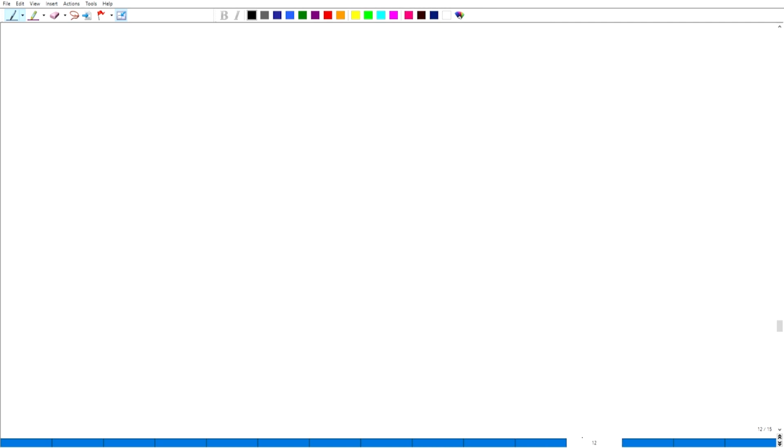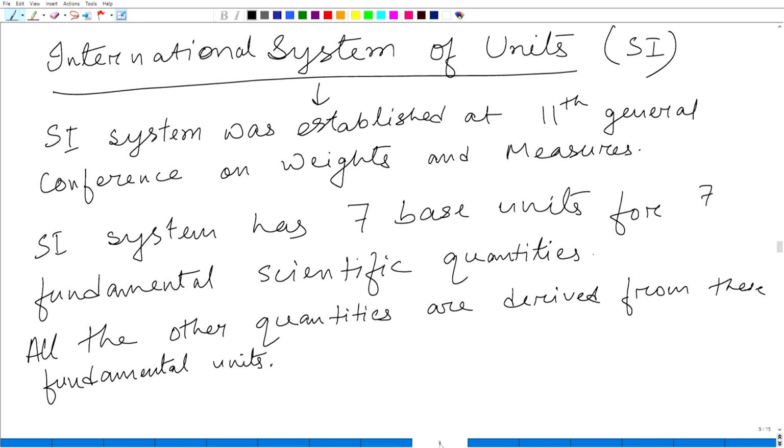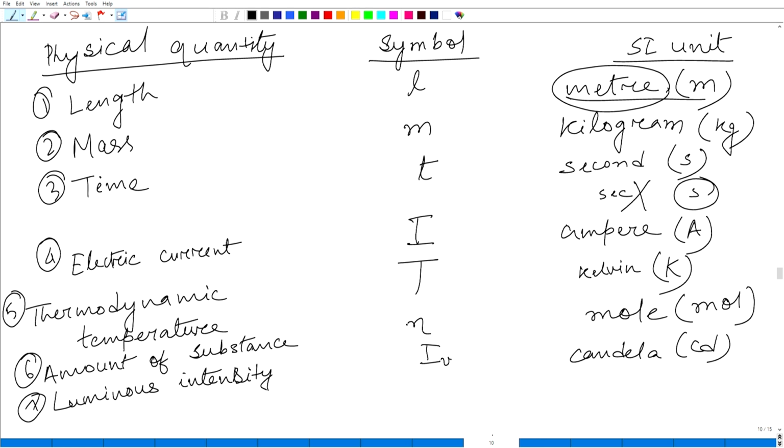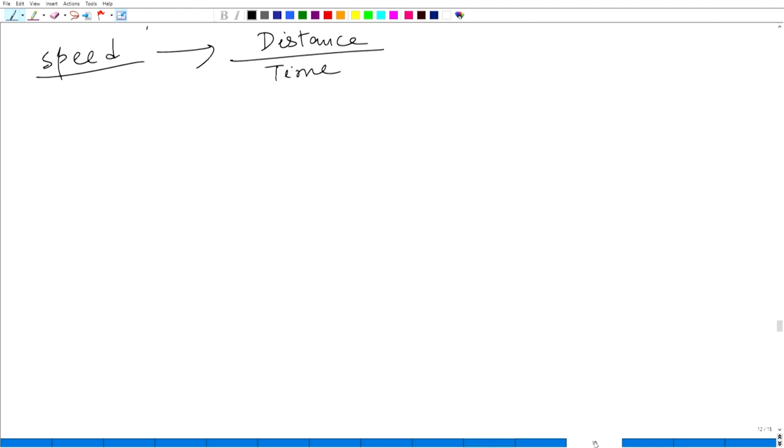Now, let us say speed. Speed is distance divided by time, right? Now, distance is length, and time. Both of these are basic quantities, but speed is not a basic quantity.